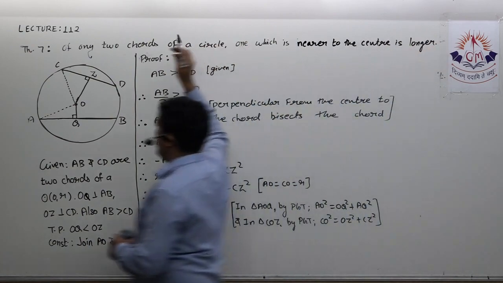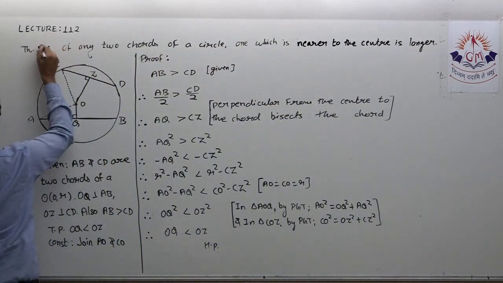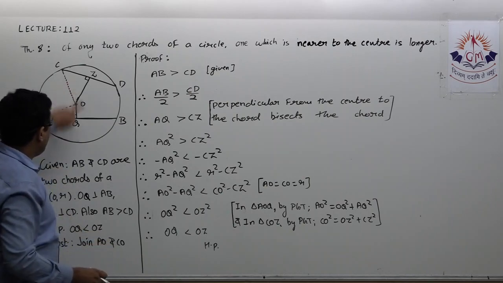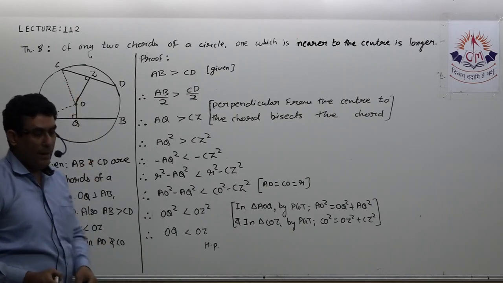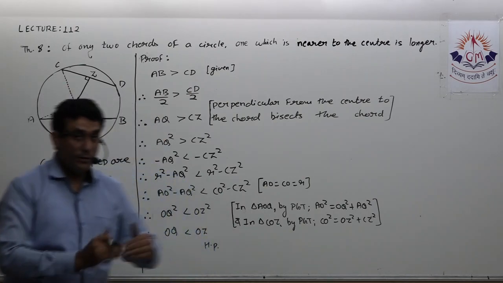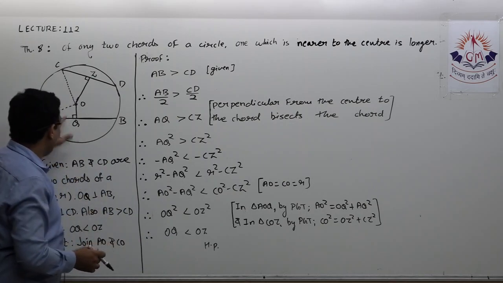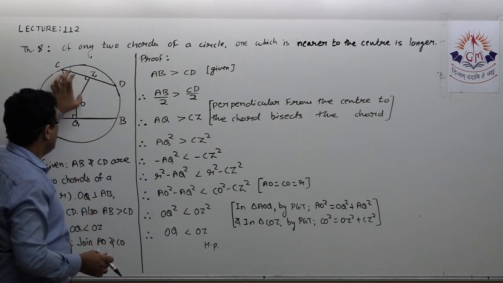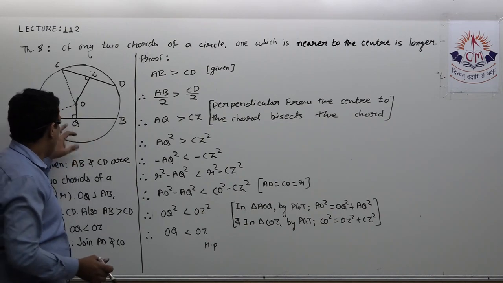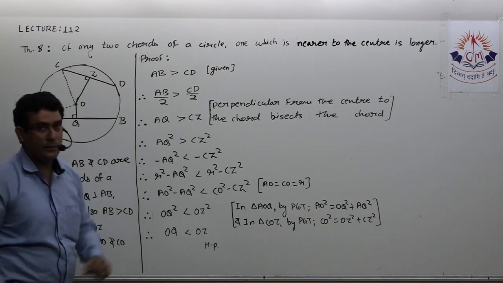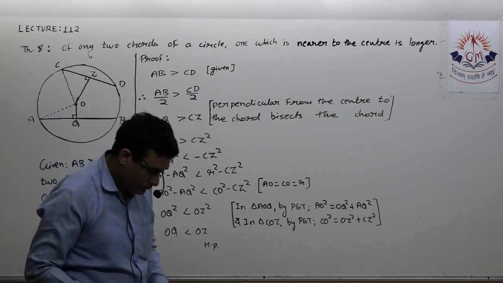So this is theorem number 8. It says again, if there are two chords of a circle, and the chord which is nearer to the center, here as AB is nearer to the center, then we have to prove AB is greater than CD.